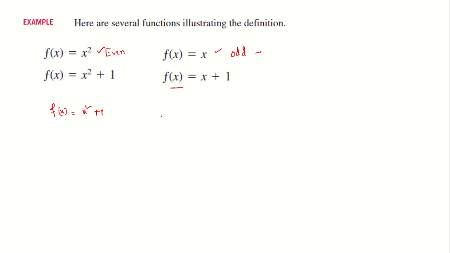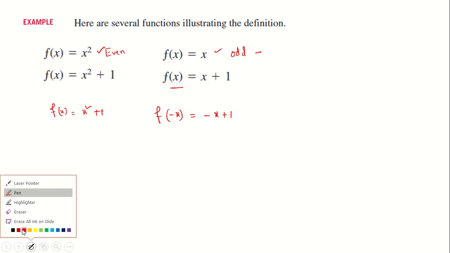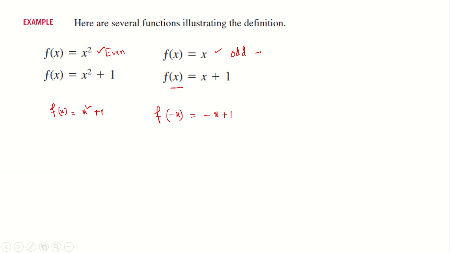Okay, now check it. f of negative x equals negative x positive 1, that is plus 1. Only the value of x will change. Plus 1 is a constant term.